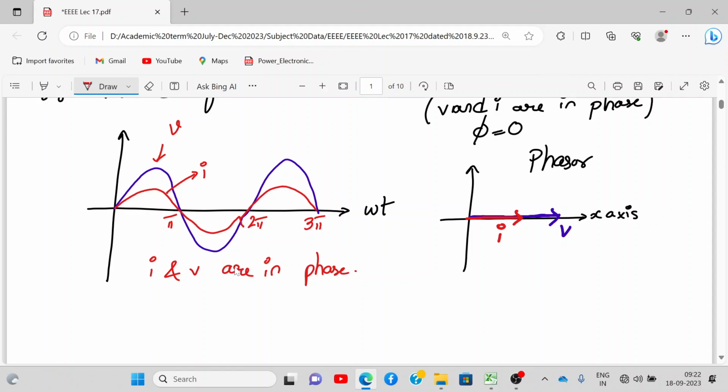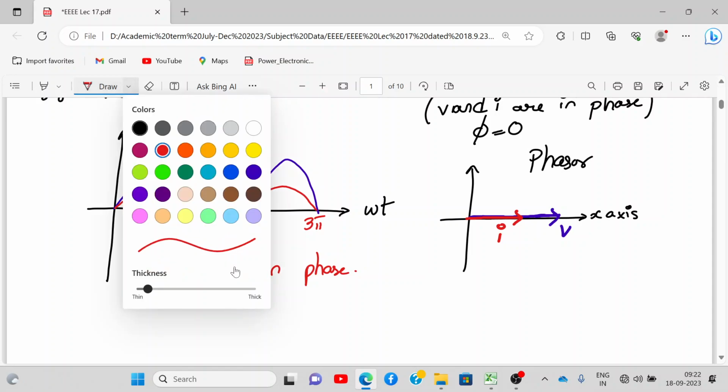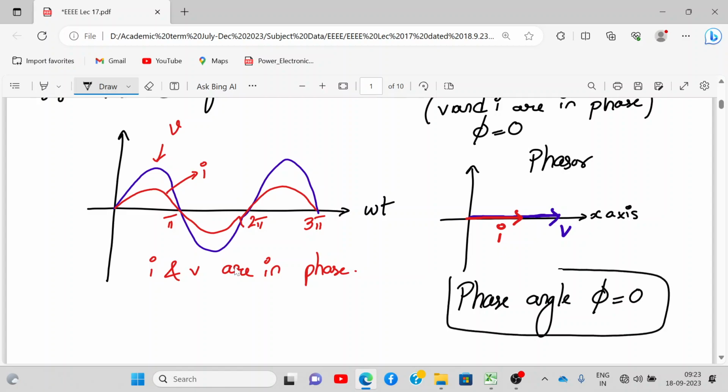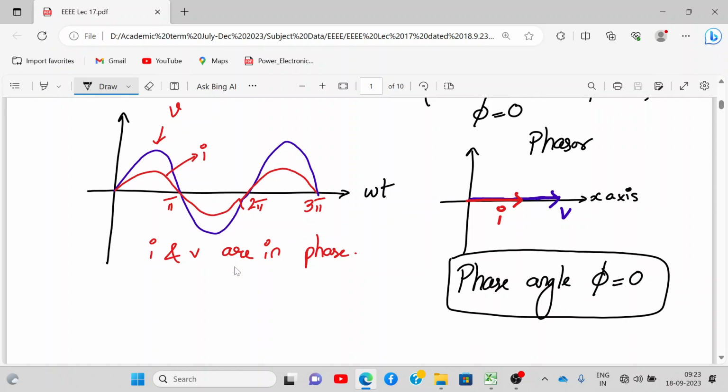Because Im is Vm by R. So here we can say that the phase angle phi is 0. Whenever the phase angle is 0, that means the AC voltage and current have 0 phase difference between them.